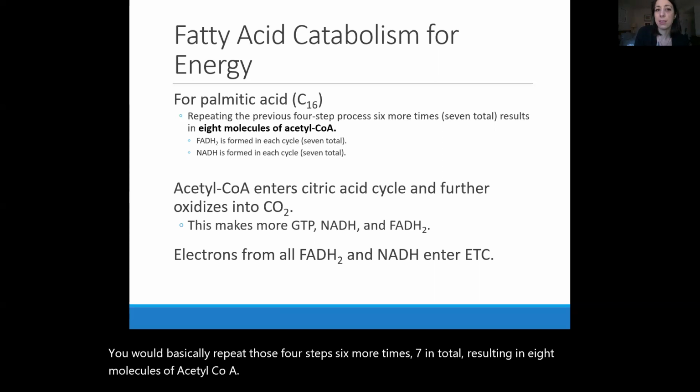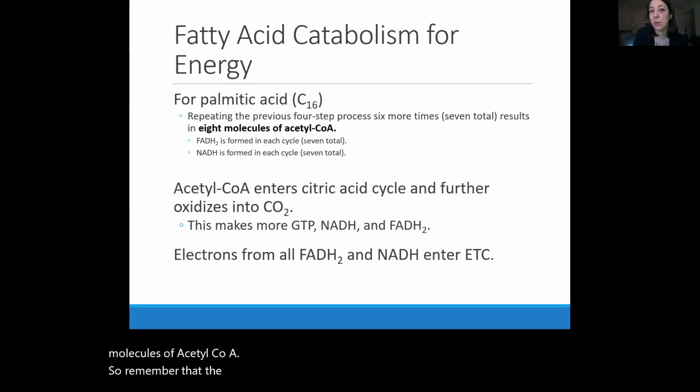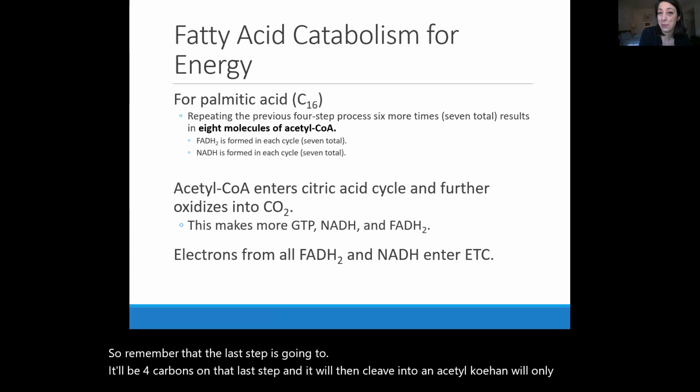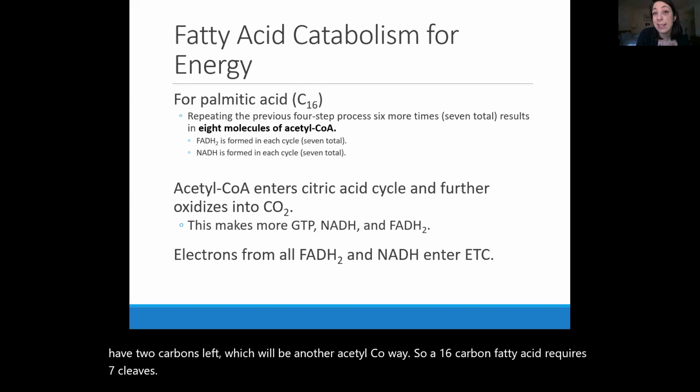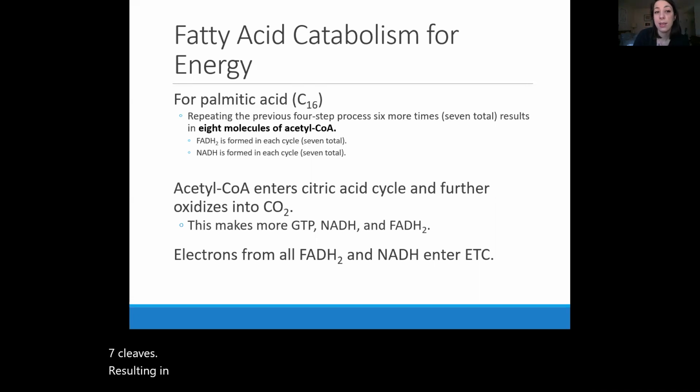So remember that the last step will be 4 carbons, and it will then cleave into an acetyl-CoA, and we'll only have 2 carbons left, which will be another acetyl-CoA. So a 16-carbon fatty acid requires 7 cleaves, resulting in 8 molecules of acetyl-CoA.